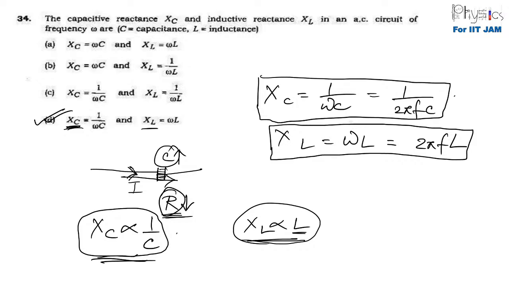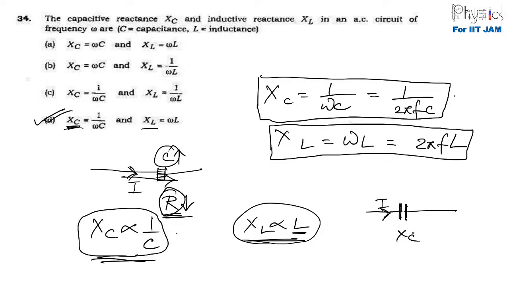Okay, is it clear? Just remember that if there is a capacitor in your circuit and your current gets resistance here, that is, it cannot flow easily due to this capacitor. Due to this capacitor your current faces a resistance, that is Xc.